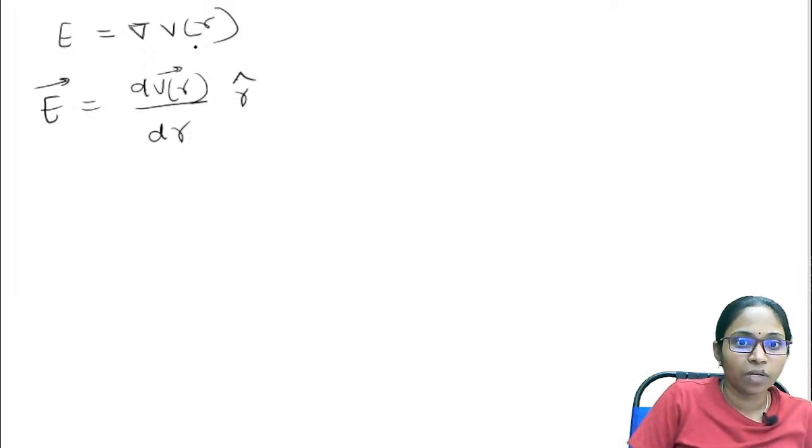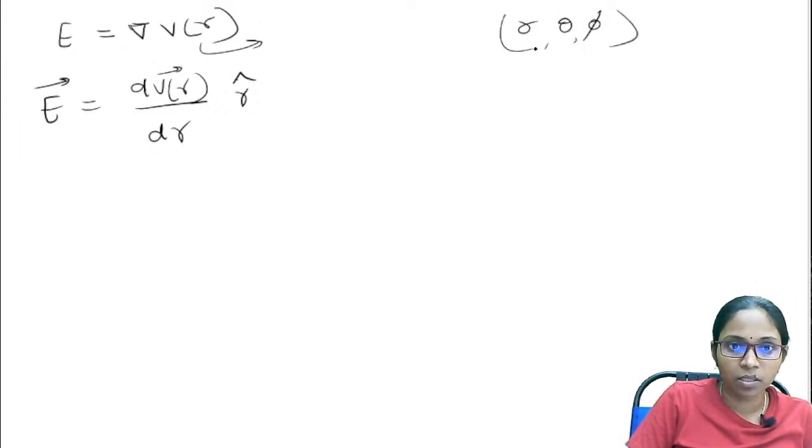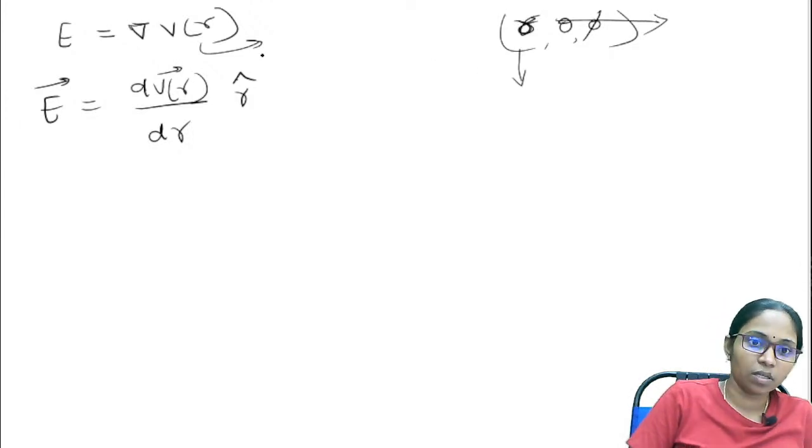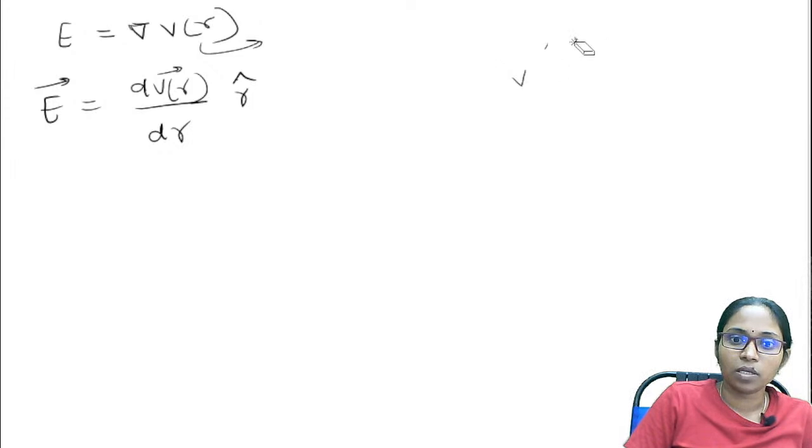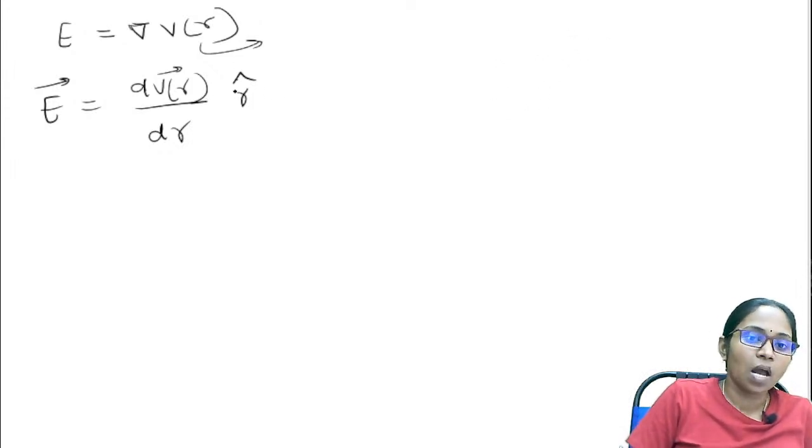Why V(r)? Here these are the spherical coordinates r, theta, phi. We are not considering theta and phi. Here the motion of the electron is radial, and this potential energy depends on the radial form of the orbit, right? So here we are only considering V(r).